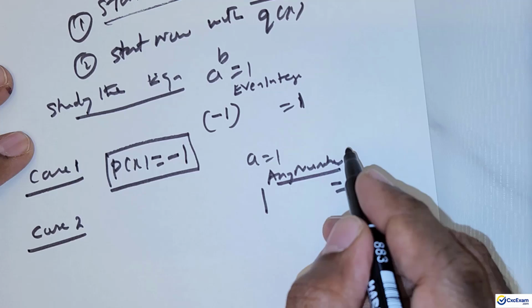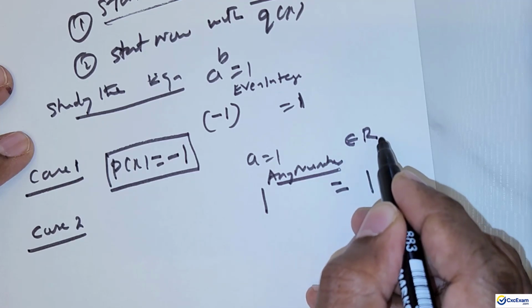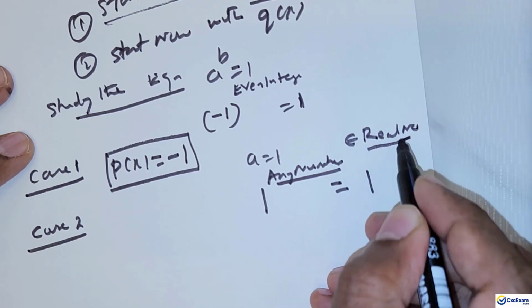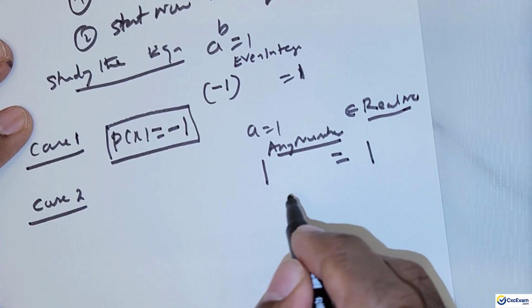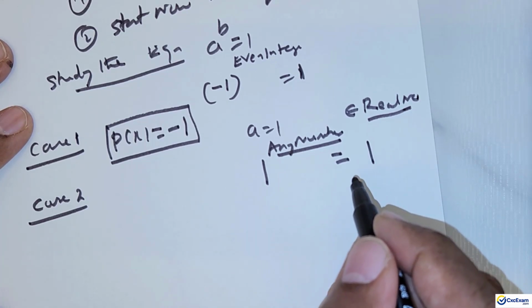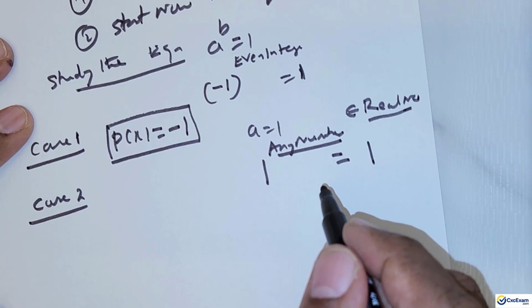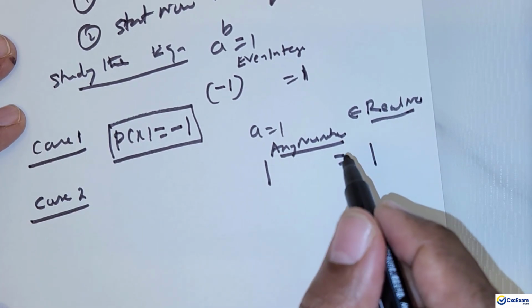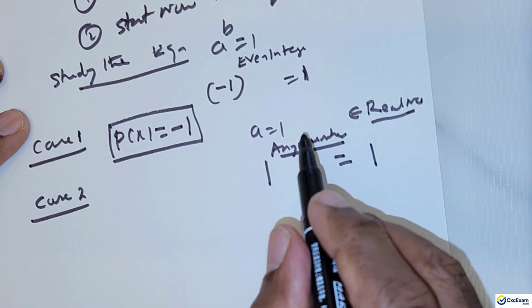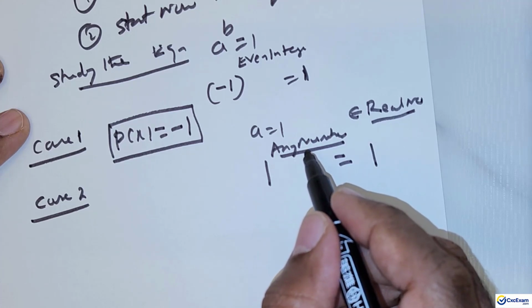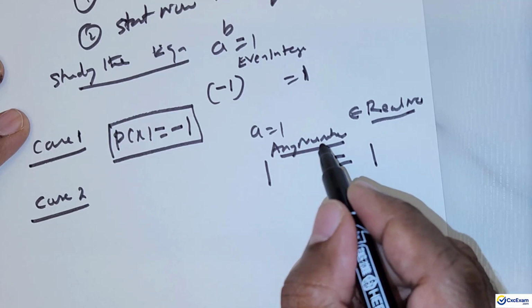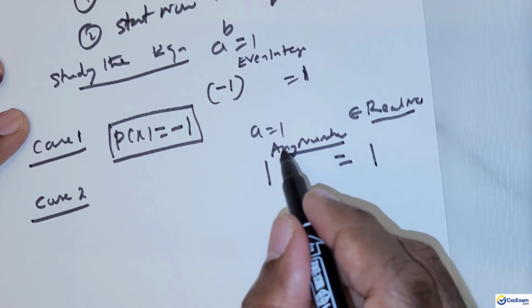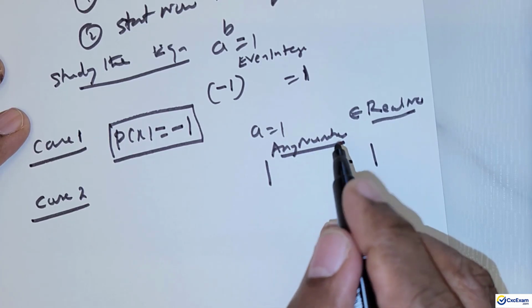When I talk about any number, my field is real numbers, right? 1 squared is going to be 1, 1 to the power of 3 is going to be 1, and that is going to be true even for odd numbers. Both odd and even numbers can be placed here with different signs, positive and negative. So that is the understanding.